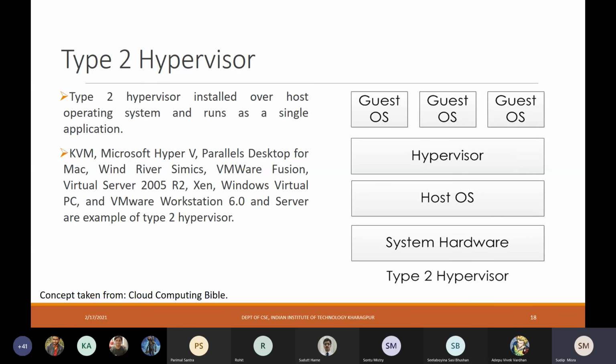So this is called the type 2 hypervisor, and there are several different commercially available type 2 hypervisors. KVM, Microsoft Hyper 5, then you have Parallels desktop for Mac, and many others which are available in the market. So you have different types of type 2 hypervisors available in the market.